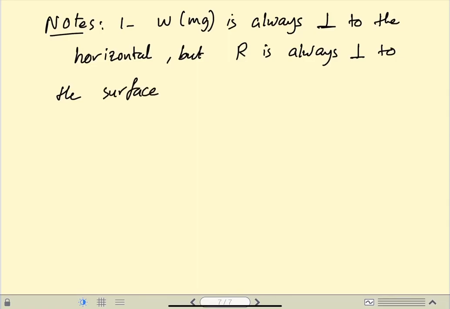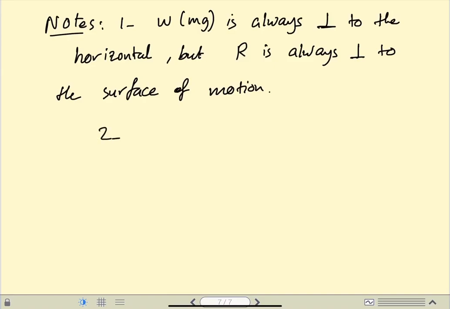We have to understand this well, and it will be more clear when we move after this part. After the next case, you'll understand why it's important. You will recognize why I'm writing this in the next parts. R is always perpendicular to the surface of motion.